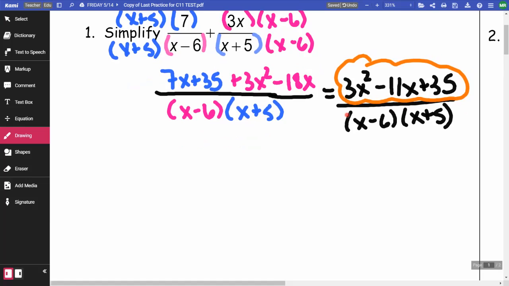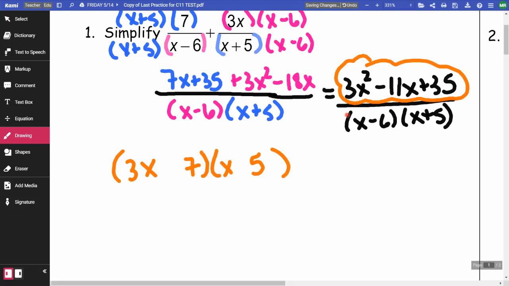So if I took 35, here, let me do it like this. If I have a 3x and an x because of my 3x squared and a 35, I'm thinking it'd be a 5 and a 7. If I put my 5 here, that's a 15 and 7.